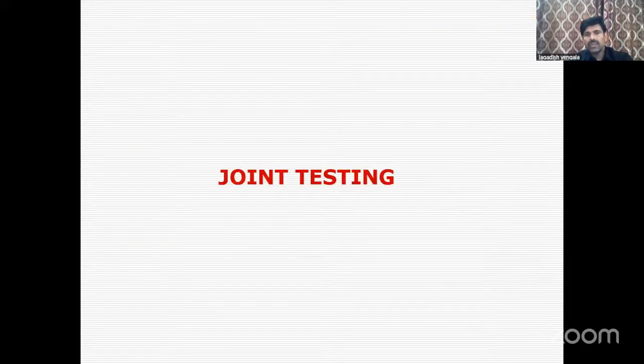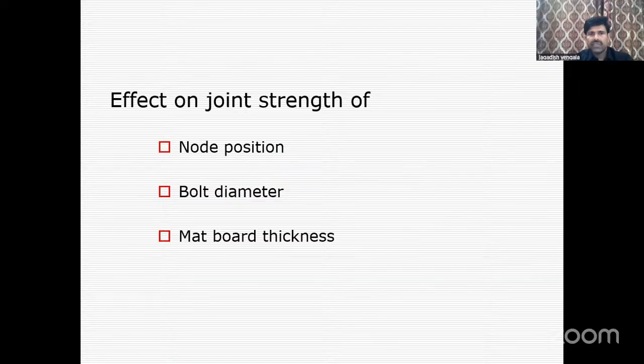So I would like to present some of the joint testing that was conducted earlier at our old organization. The first thing is the effect on joint strength of node position, bolt diameter, and mat board thickness. I'll show you through the experiments conducted earlier.